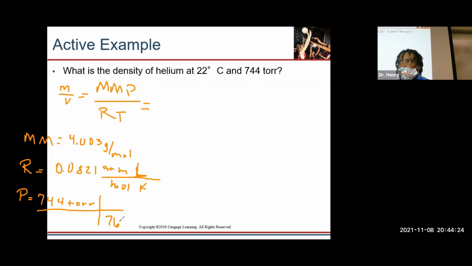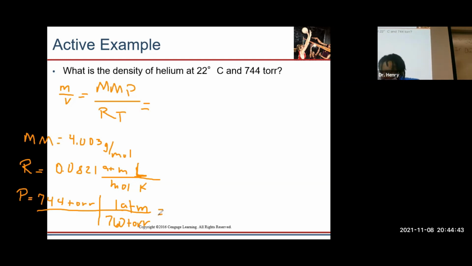So we put 760 torr at the bottom and 1 atm at the top, and we get our value.